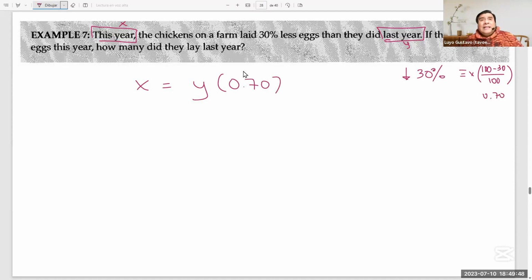Now, they laid 3,500 this year, that is the value of x is 3,500. Sorry, x is this year. This one is this, not the other way.